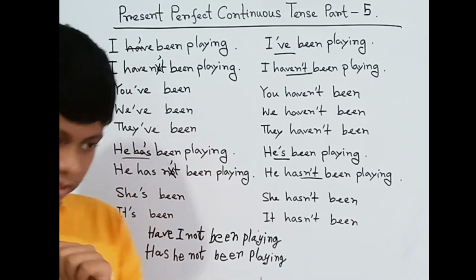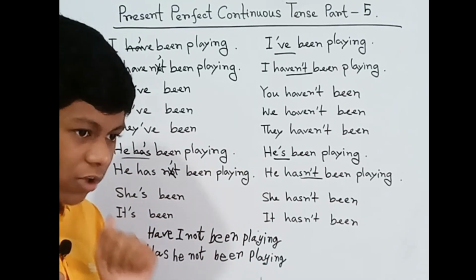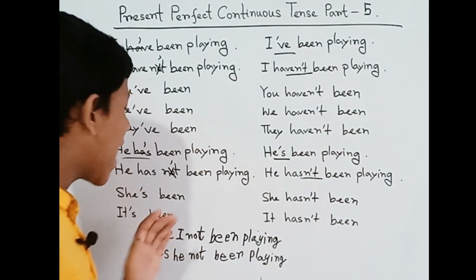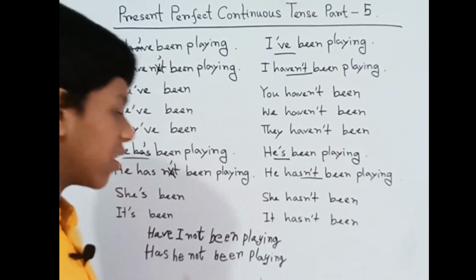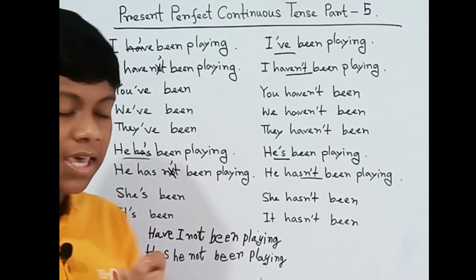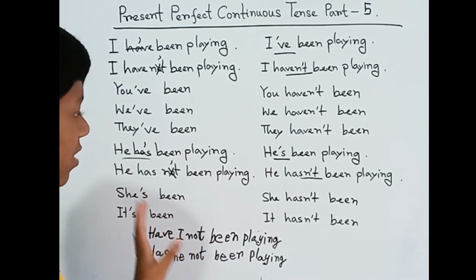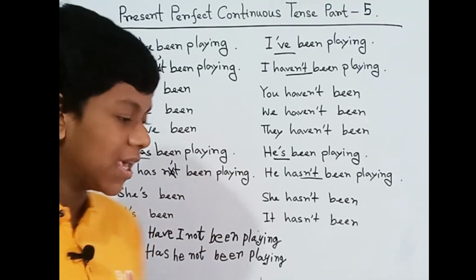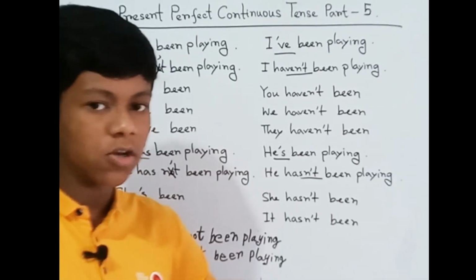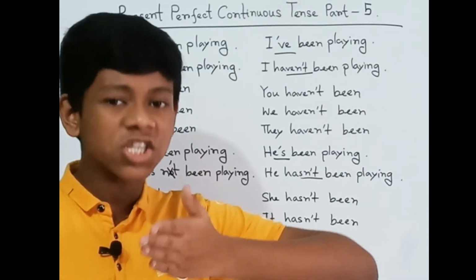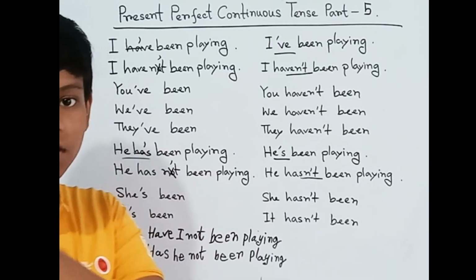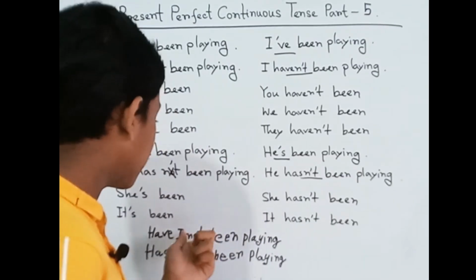During this, if you say it just with not, have I not been playing, has he not been playing, when you say that with have, for example I, you, we, they, and if you want to say has, he, she, it, it takes too much time. And what is that word? That is not.